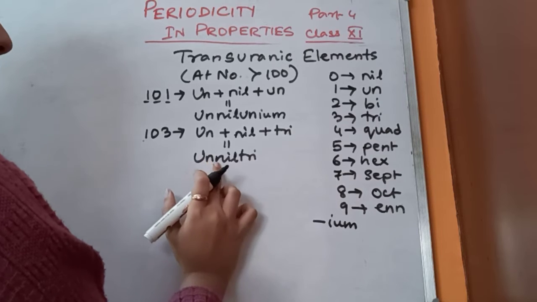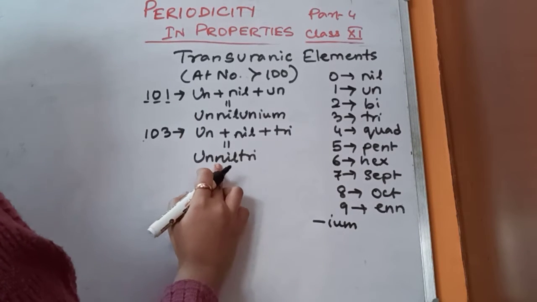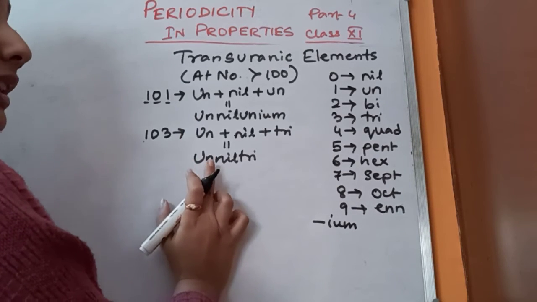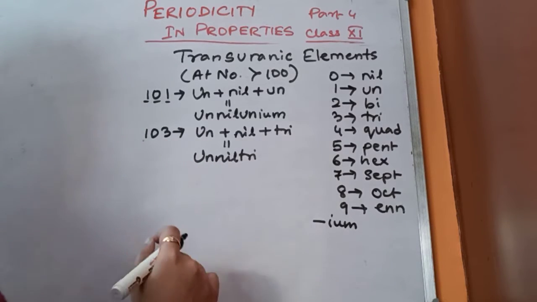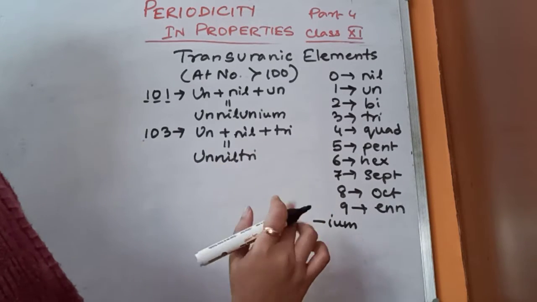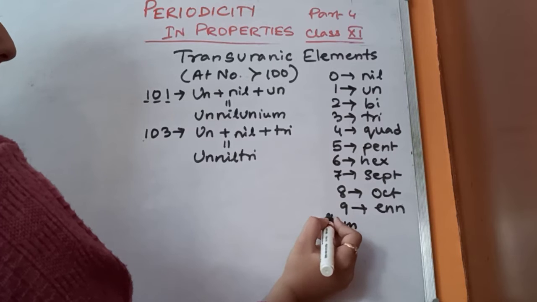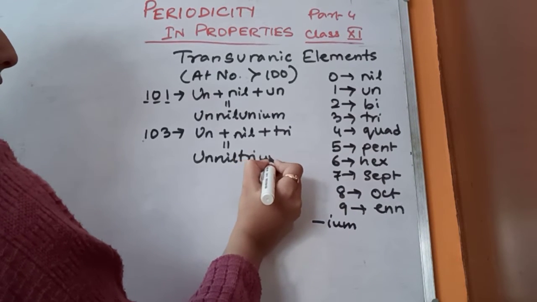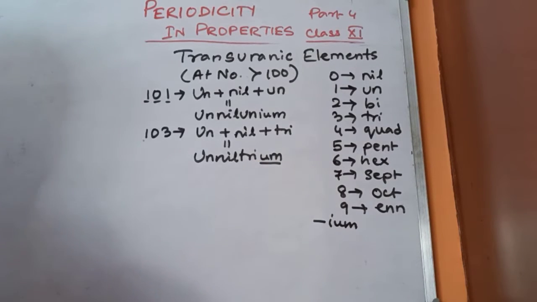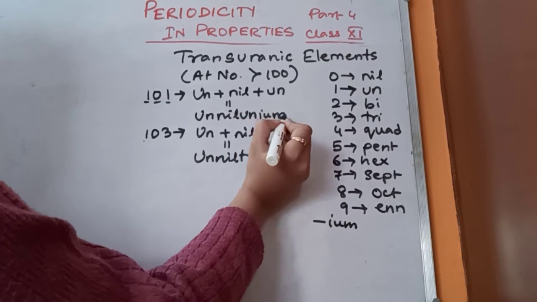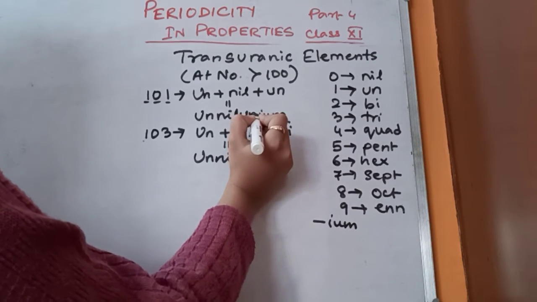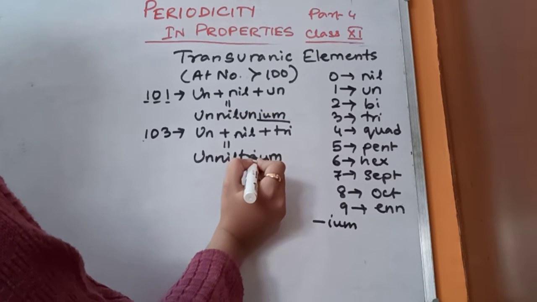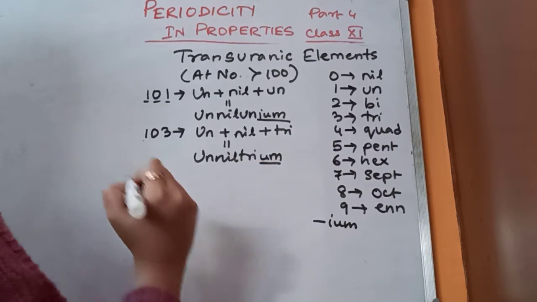The n's can be repeated, but I cannot be repeated. So to avoid repetition, we will not add this I. We will directly add UM. Earlier we had to add IUM because there was no I in the last letter, but here I have I in the last letter, so I will add only UM.